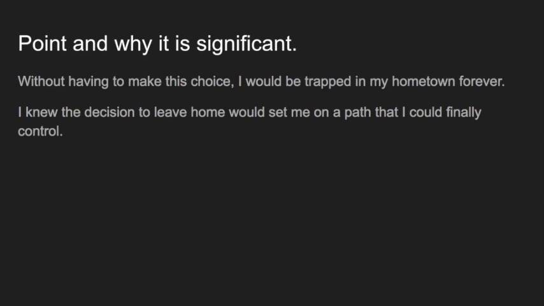Okay, so again, we're not talking in detail about the story, but we're getting a sense of why something is important and generally what we're going to hear about for the rest of the essay or the rest of the story.